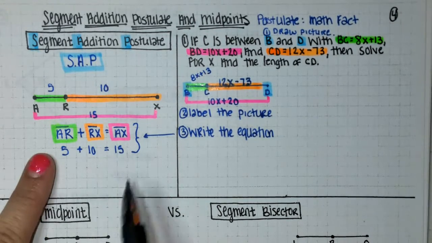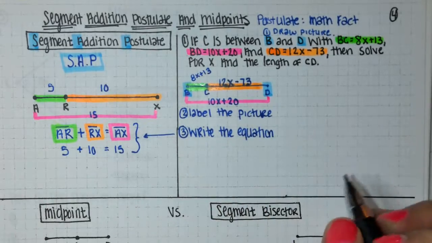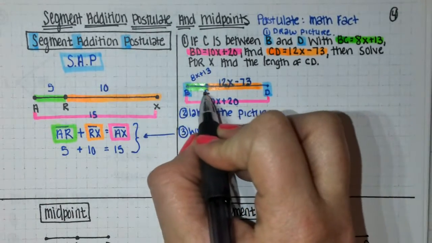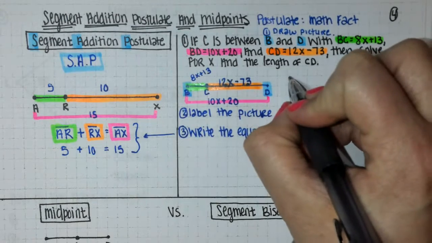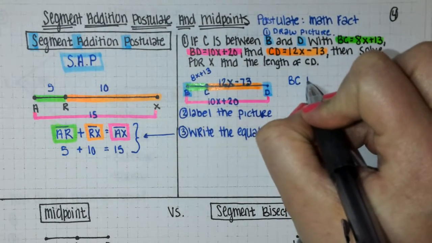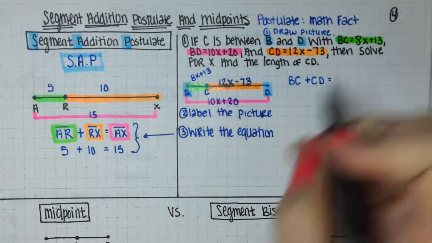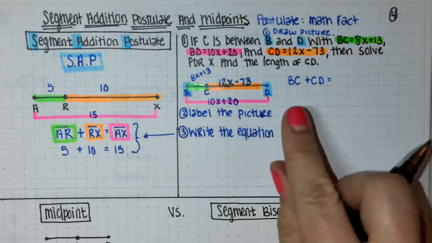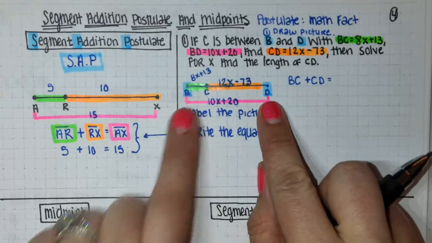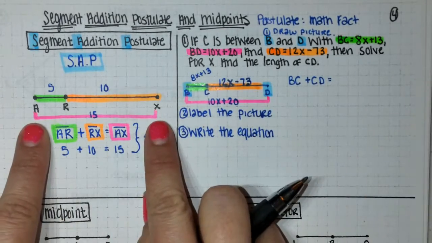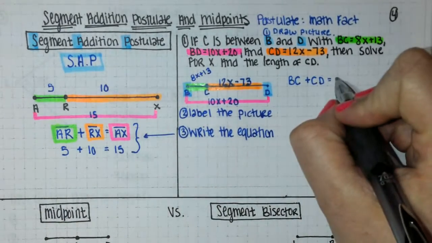So we're going to write the equation using these letters. We're going to first do the small segments. So BC plus CD. And if we add those two tiny segments together, we get the full segment of BD. Just like over here, we got the full segment of AX.